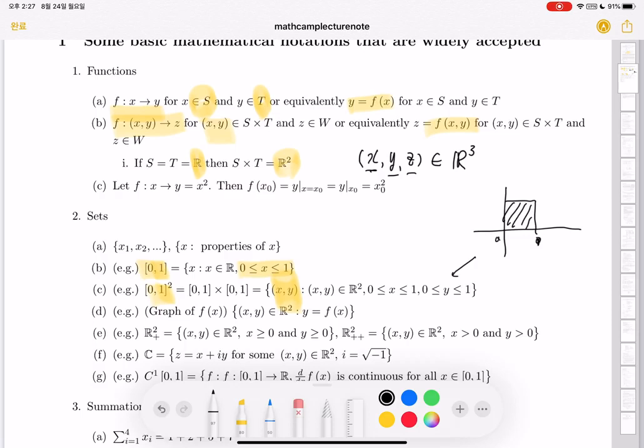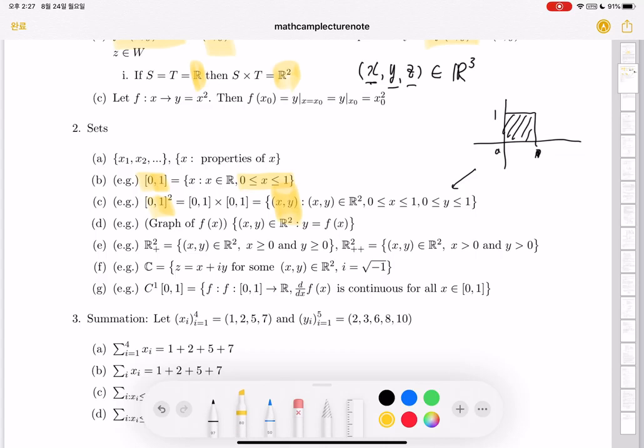Here's 0, the origin, and (1,1). Okay. R squared plus means the first orthant of a two-dimensional Euclidean space, and the origin is included. R squared plus plus is the first orthant of a two-dimensional Euclidean space, the origin excluded.